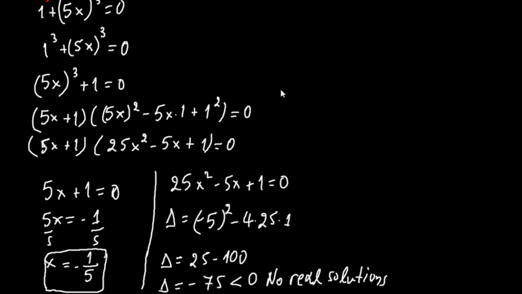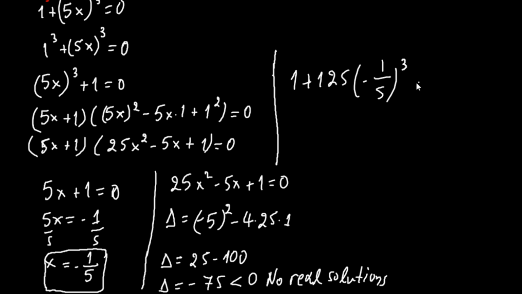Let's make a quick check to see if we were right. So we have 1 plus 125 times minus 1/5, and all of this to the third, equals 0. Let's see. We have 1 plus 125, times minus 1 over 5 to the third.